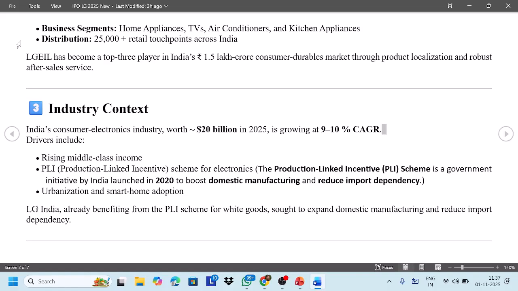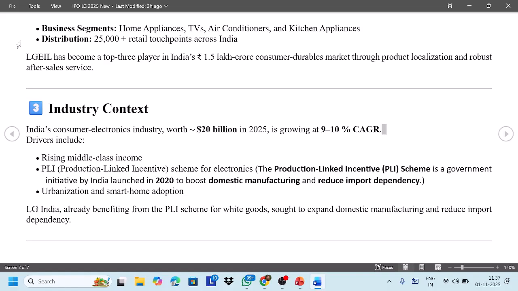So the institutions found this very attractive. Retail investors were much less, about half. Retail participation was also good at 6.3, but the NIIs and QIBs applied more times.